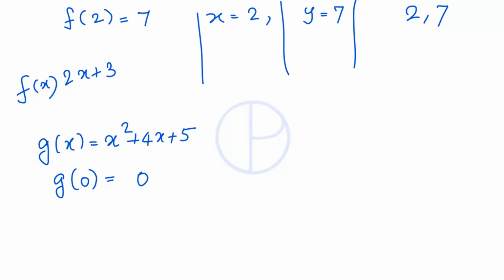So you get 0 square plus 4 multiplied by 0 plus 5. Let's evaluate this. First 0 squared gives 0, plus 4 times 0 is 0, plus 5. That's going to be 5. So we have g of 0 is equal to 5. So the y value is 5. So x is 0, y is 5.